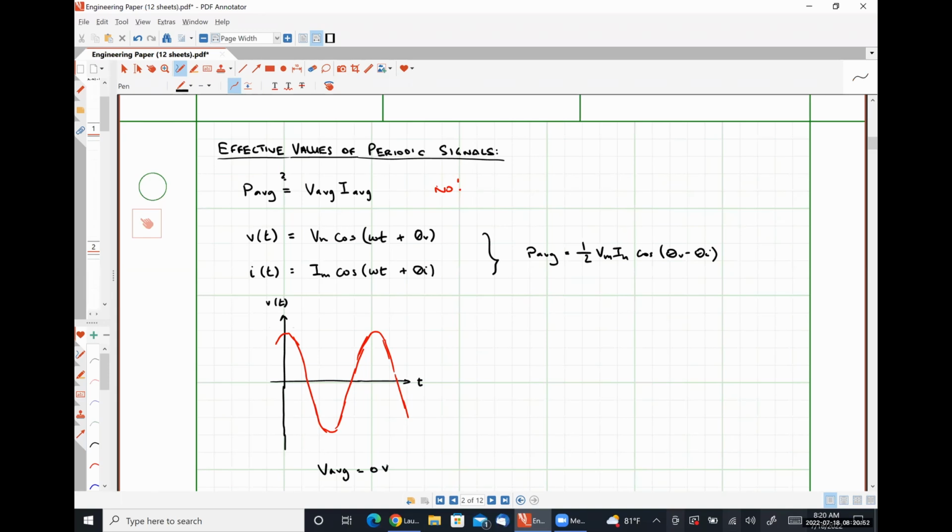We would see the exact same thing for a current if it's a sinusoid, right?